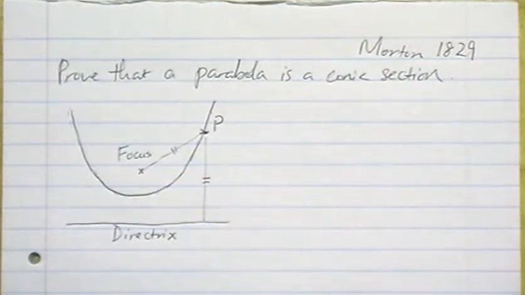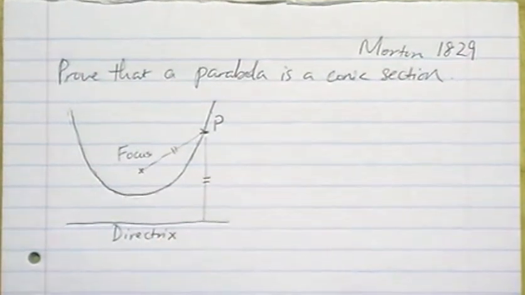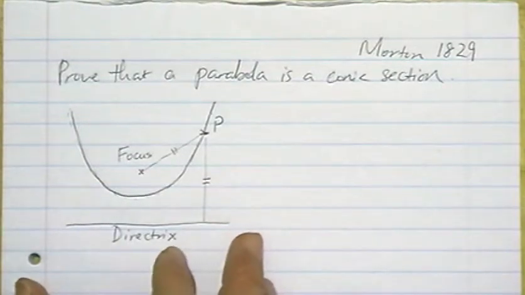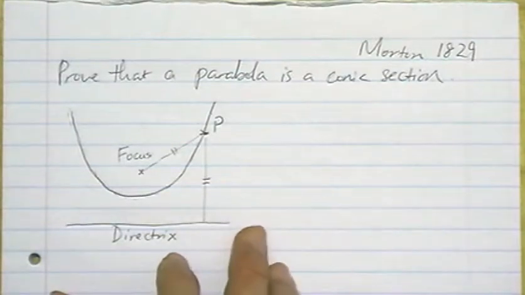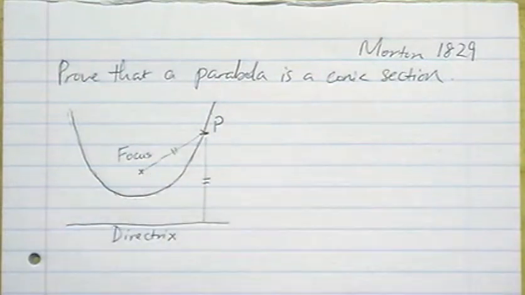But then again, of course, today we would just think of this as one of a few possible definitions of a parabola. So using this definition, I shall try and prove that a parabola is a conic section.